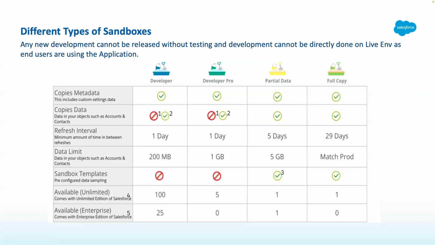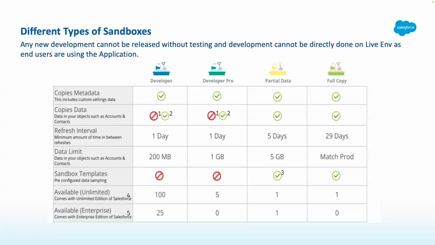This process of cloning the production into your full copy or any lower environment is called a refresh of the org. Refresh process means getting the latest details, metadata and data from your production into your environment, whichever environment you select. That's your refresh interval. So when I say refresh, if you have any changes which have not been pushed into production yet, they are overridden.